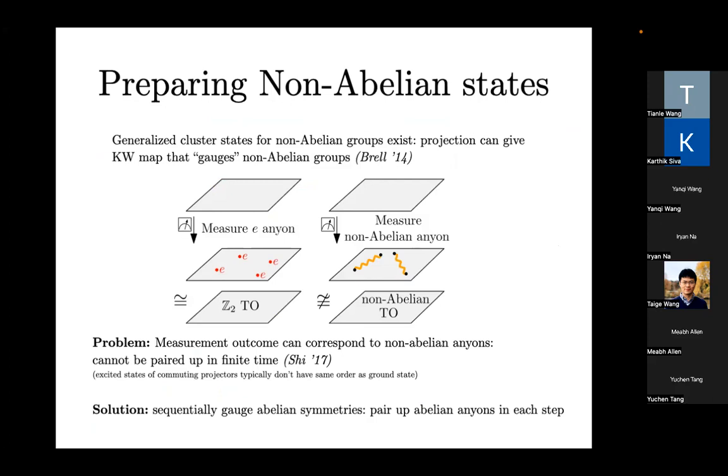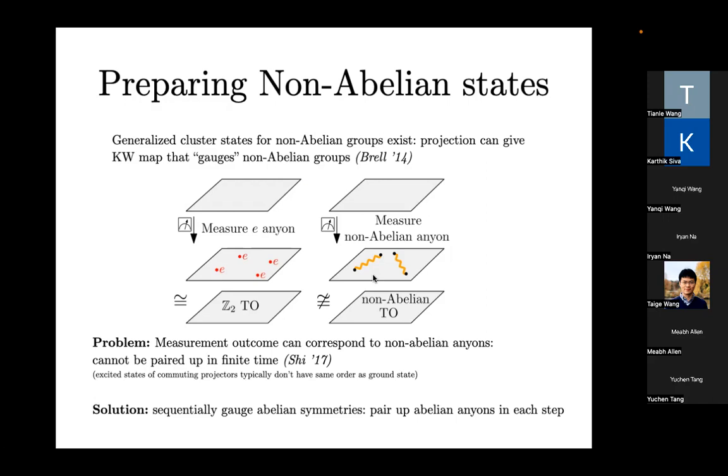However, if we want to implement this projection using measurements, we run into a problem, because recall that in the toric code, we were basically measuring whether there is an e anyon there or not, whether there's a Z2 charge here. Now, if the charge is non-abelian, you could end up measuring and finding a non-abelian charge there. And if you measure a non-abelian charge, unlike abelian anyons, it's known that you cannot pair them up efficiently.